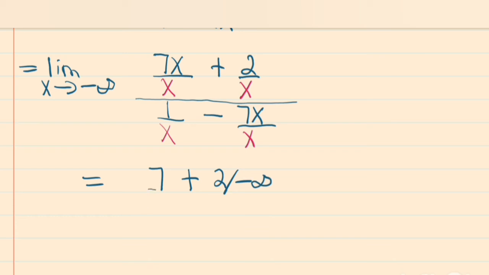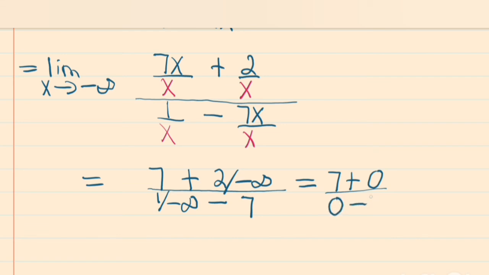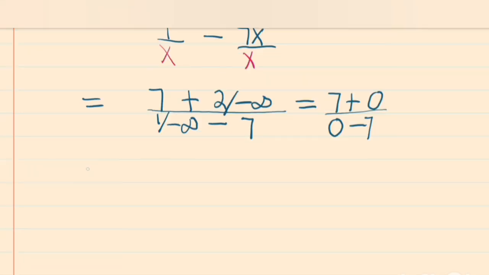We substitute in negative infinity, all over 1 over negative infinity minus 7x divided by x is 7. This gives us 7 plus 2 divided by negative infinity is 0, over 1 divided by negative infinity is 0, minus 7. This equals 7 over negative 7, which equals minus 1. That is our solution. We move to the last question of the day.